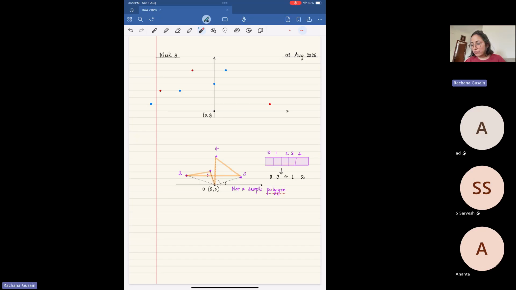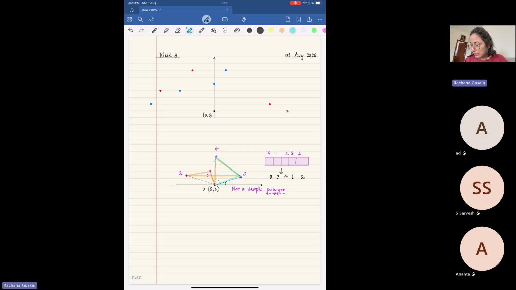And once I have obtained this sorted order, 3, 4, 1, and 2, if I now try to get the polygon, that is going to be a simple polygon. There won't be any crossing edges. So I start from 0, go to 3. Then the next point in my sorted order is 4, go to 4.